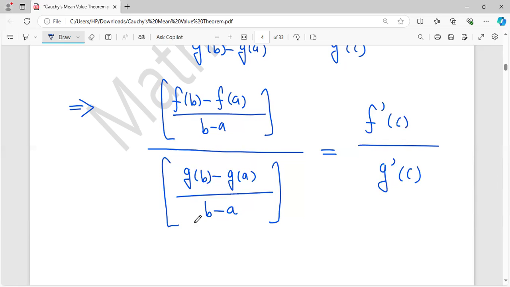And (g(b) minus g(a)) upon (b minus a) is the mean rate of increase in g. And what is the derivative at some point? It is the actual rate of increase.